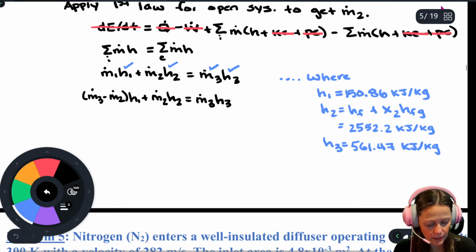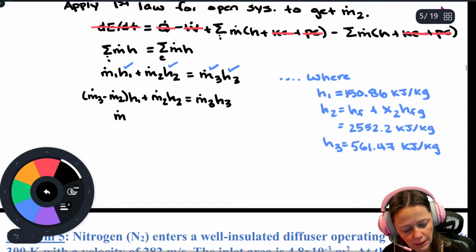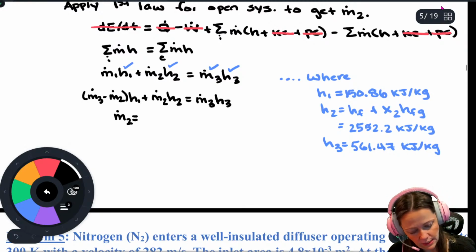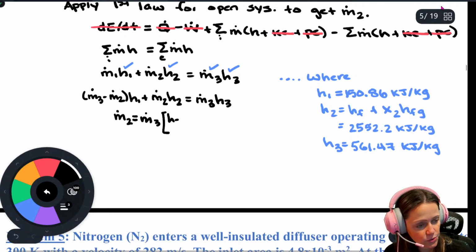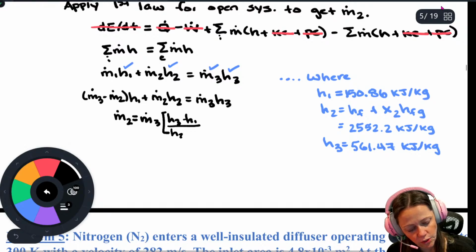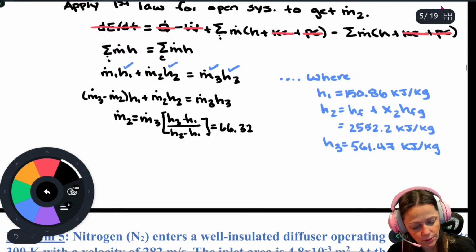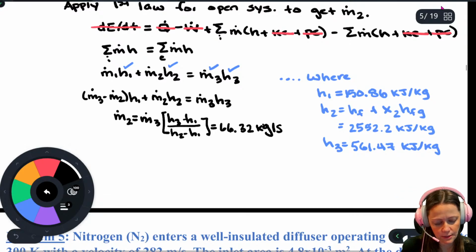The only thing I don't know is m dot 2, but I can certainly solve for that. So m dot 2 is m dot 3 times (h3 minus h1) over (h2 minus h1). And if I plug in all of those things, I end up getting 66.32 kilograms per second.